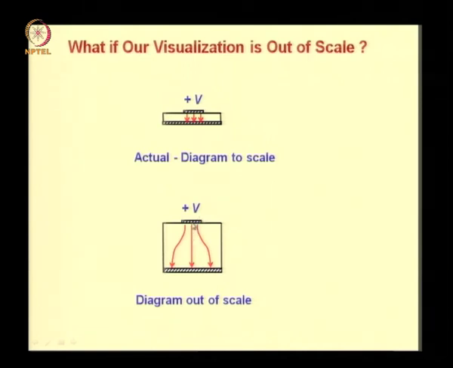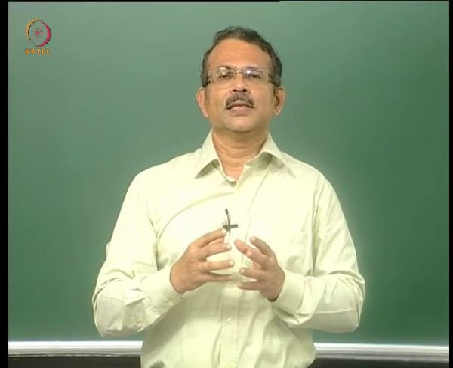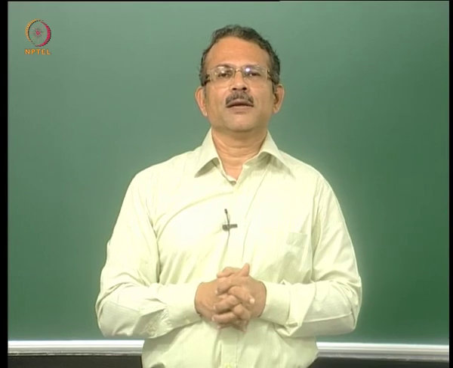The distance between the two contacts has increased, and therefore while the current flows from the top to bottom contact, there is a lot of scope for the current to spread laterally. Now if you start with a structure like this, then you might think that to model the current flow or the resistance, you may have to take into account three dimensional effects.